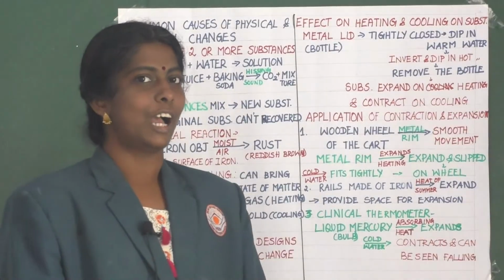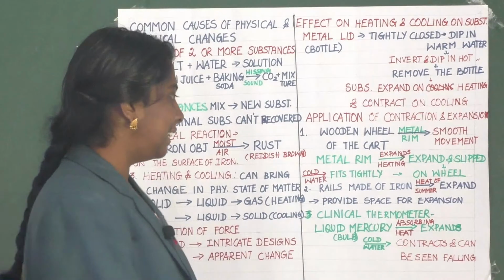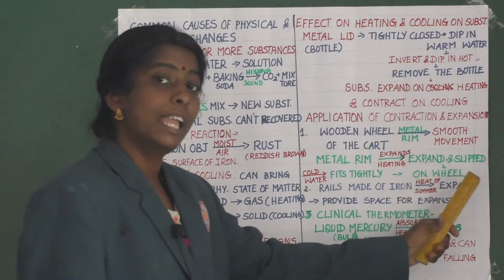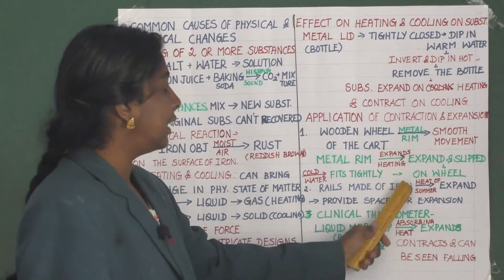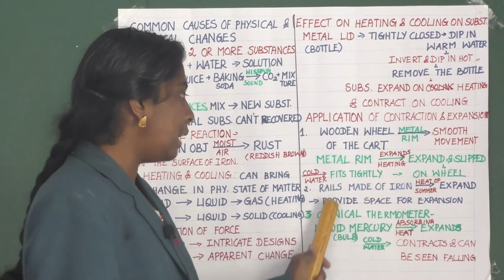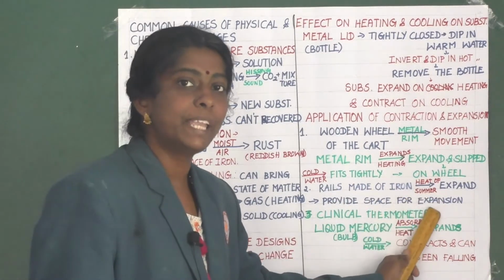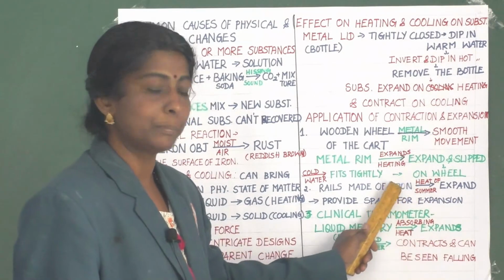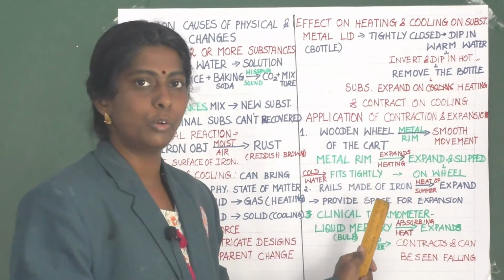Yes, children. Now, the second application: rails made of iron expand in the heat of summer. Okay. The gaps provide space for expansion. You can have a look at the picture in your textbook also.